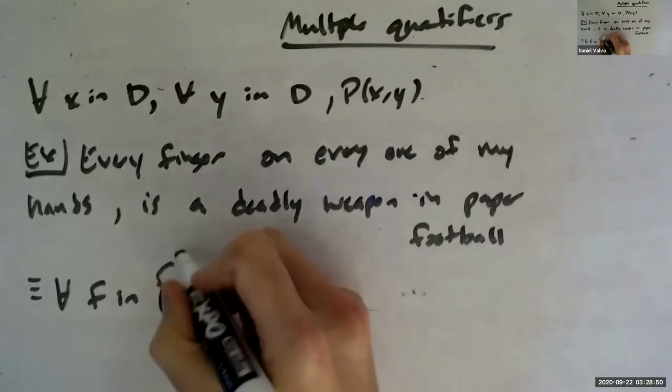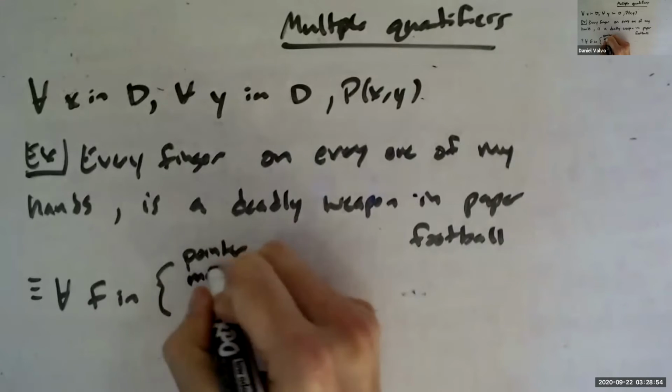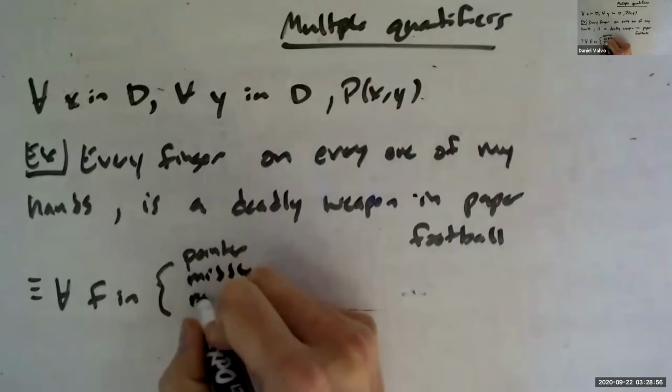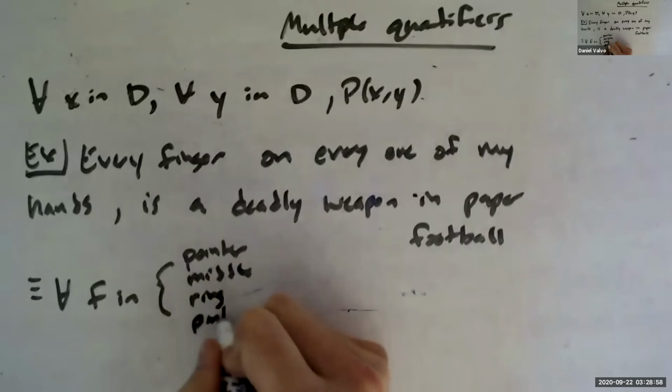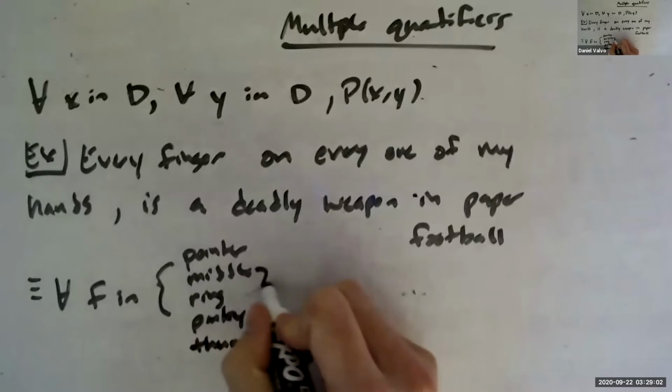In the set of fingers you have what? You have your pointer finger, your middle, ring, pinky, and thumb, right?